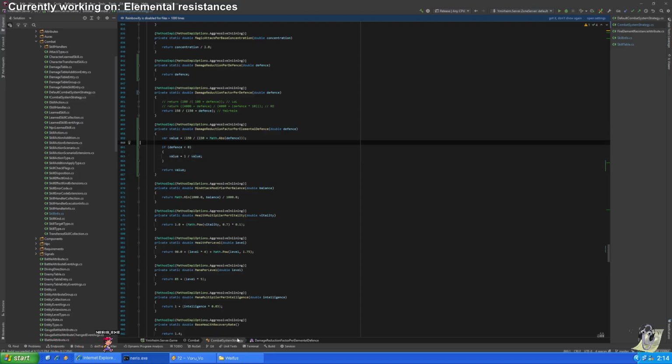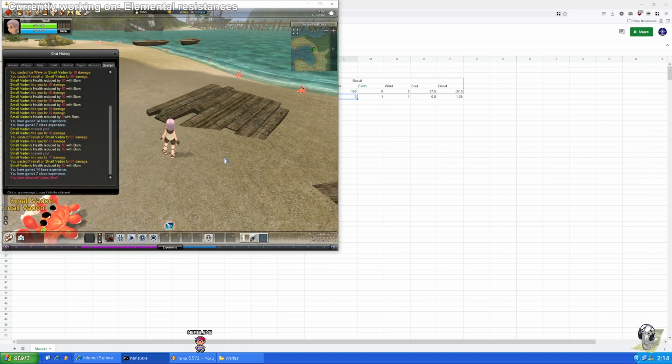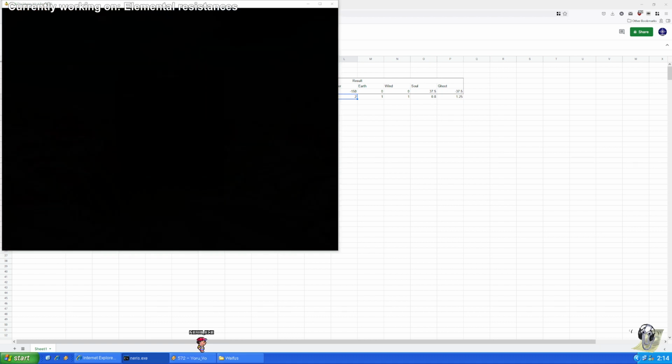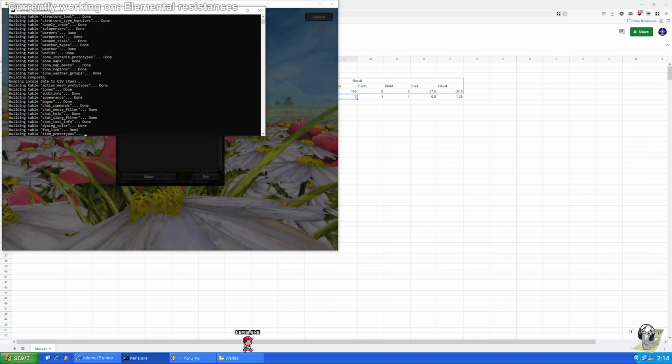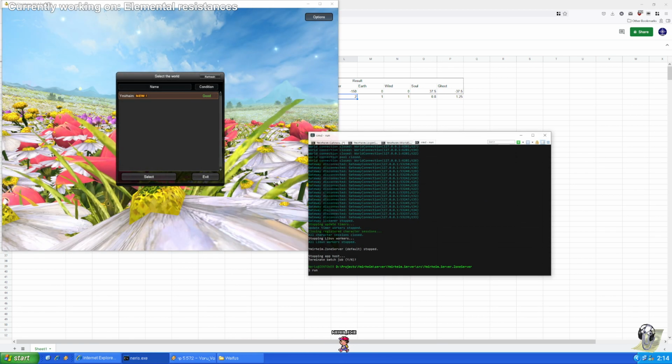Let's try. So let's try 150. Let's exit. Export to CSV. Restart the server.